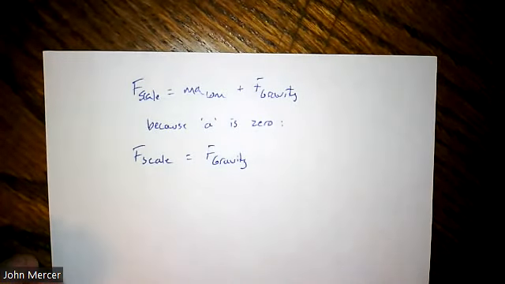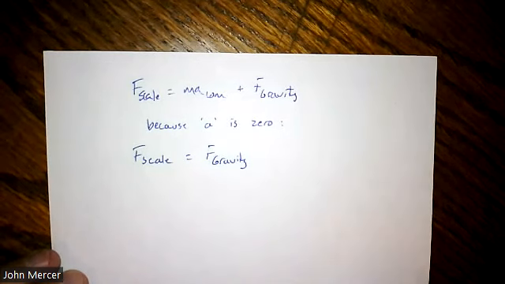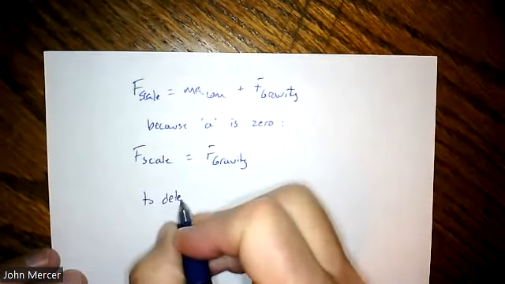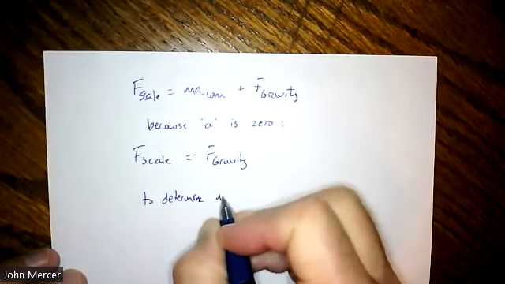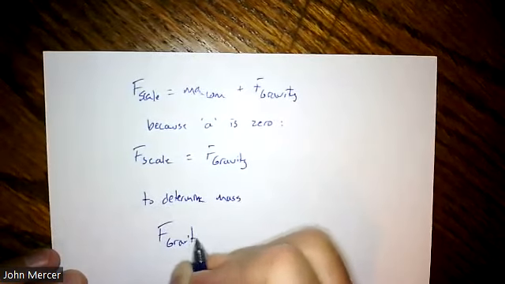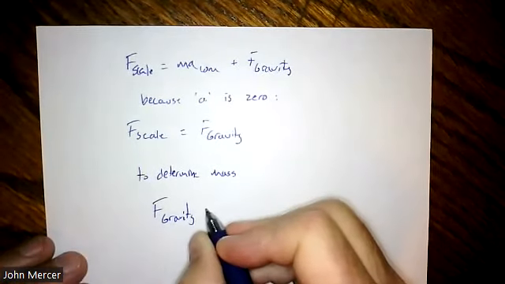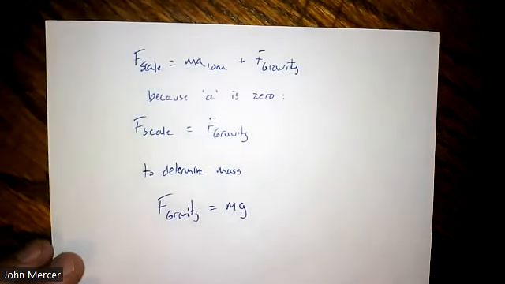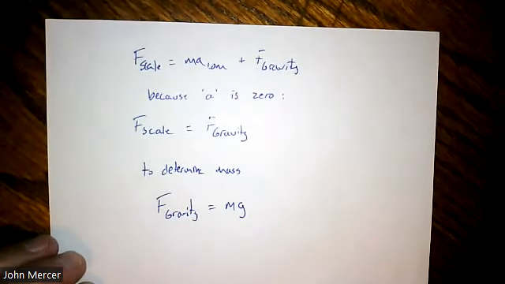So now, if we want to understand the object's mass, we take F gravity equals mg. This is our general equation for calculating gravity.